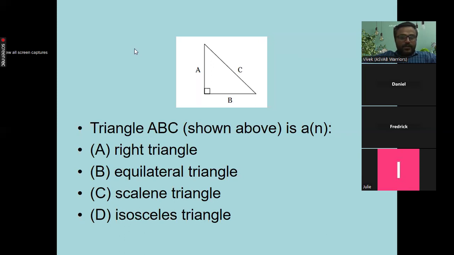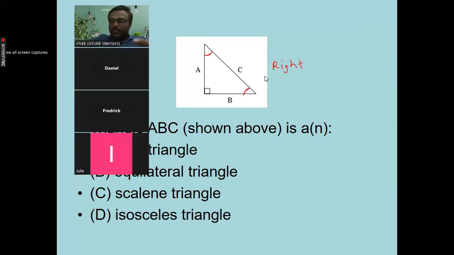Now, if I mark these angles, can you say this is a right isosceles triangle? Well, the options are not there because I'm just modifying the question right now.